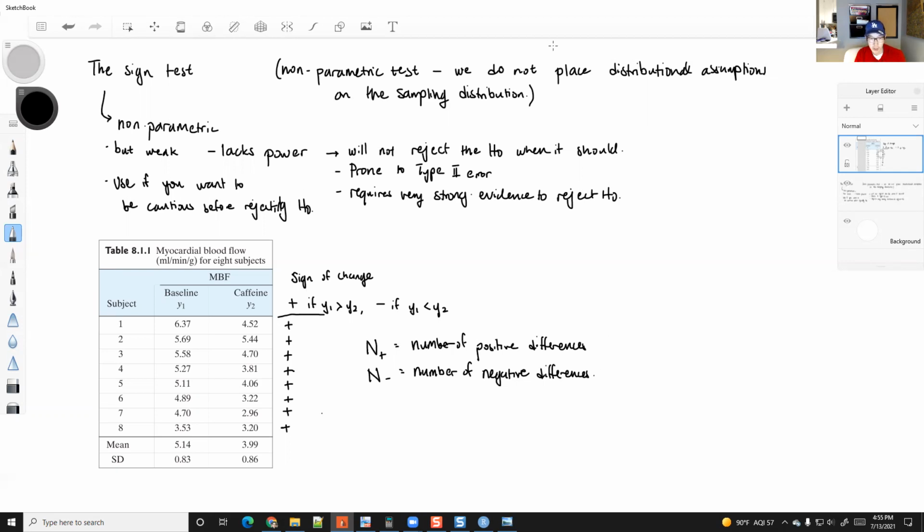In our case, n positive is 8 and n negative is 0.